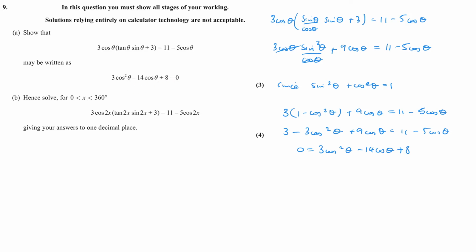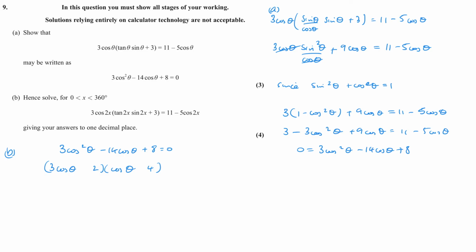Now that was part A. Part B is hence when x is between 0 and 360, solve that equation. So that equation is just our equation here. So 3 cos theta and cos theta, 2 and 4.